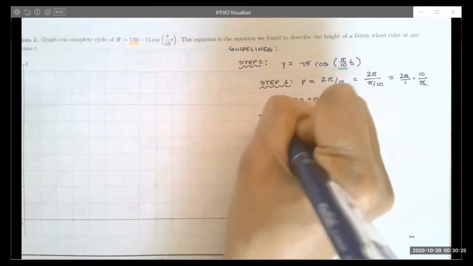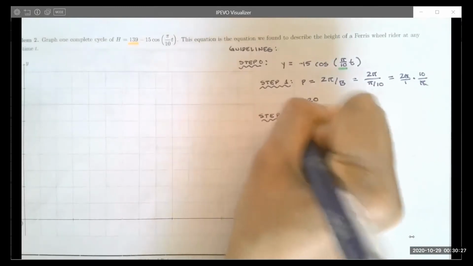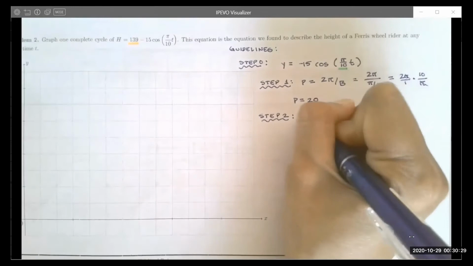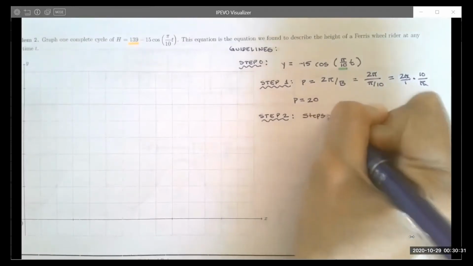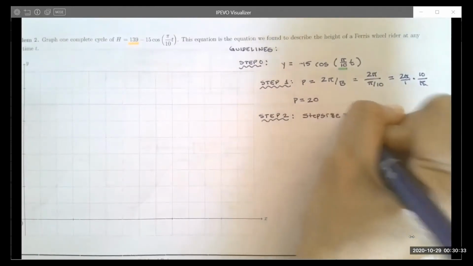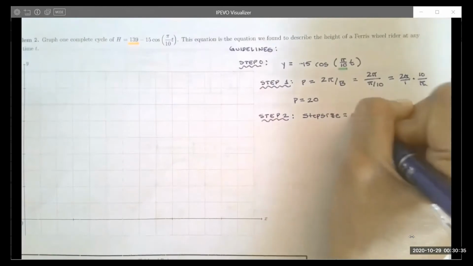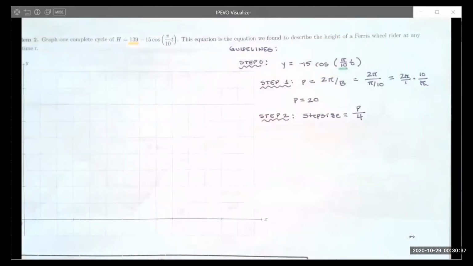Next step, again, this is the same as what we've been doing for the other graphs, is to find the step size. The step size is always the period over 4, because all the important parts of the graph, like the peaks, the zeros, and the lowest points on the graph, happen at a quarter of the cycle.